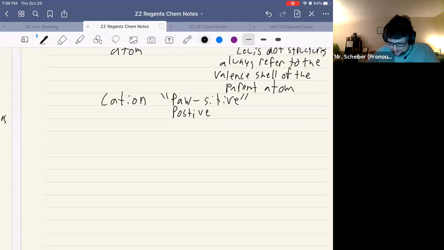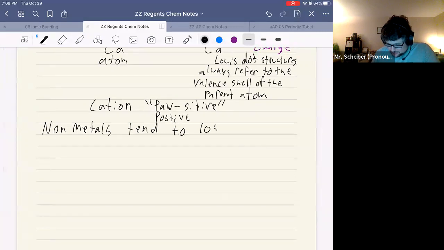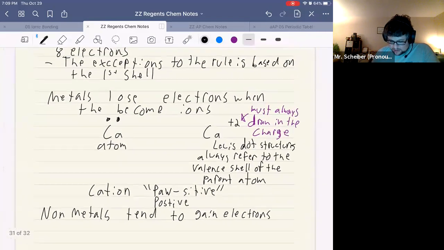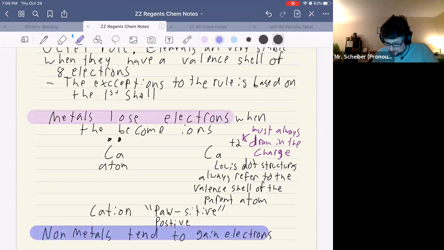And then, of course, we remember that nonmetals tend to gain electrons. It's very important to note that up here, I wrote metals lose electrons, and down here I wrote nonmetals tend to gain. Why did I write that?